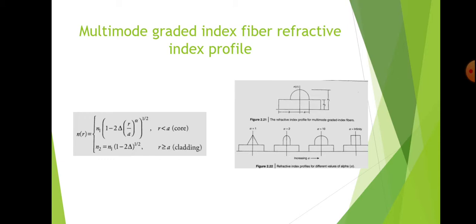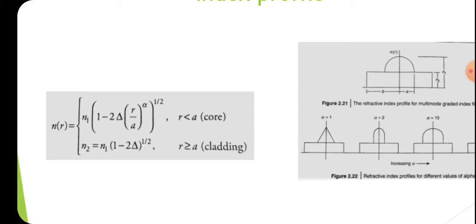So it can be written as a function of radius. That means refractive index profile n of r is equal to n1 into 1 minus 2 into delta, r by a raised to alpha, whole raised to 1 by 2, and this is the value of the refractive index when r is less than a. That means when the radius is less than the radius of the core a.